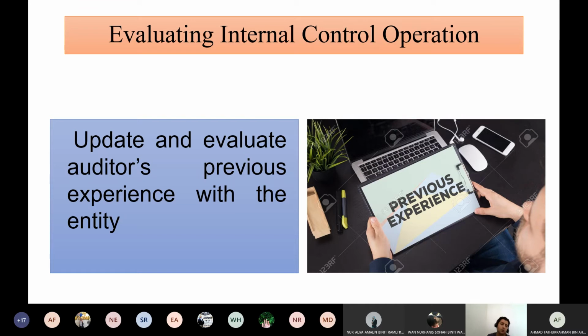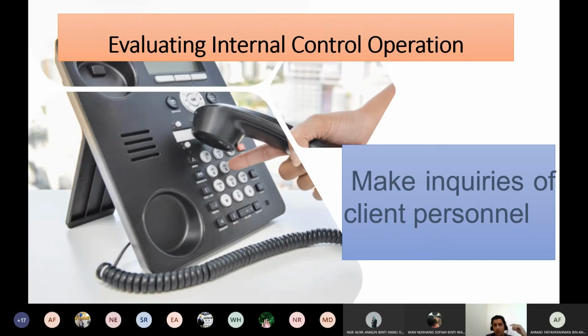Okay, so we need to evaluate the internal control operation. First, update and evaluate the auditor's previous experience with the entity. Let's say the company that we are auditing is a previous or existing client. We have the experience from last year's audit, so we need to review and update that previous experience about the internal control operation.